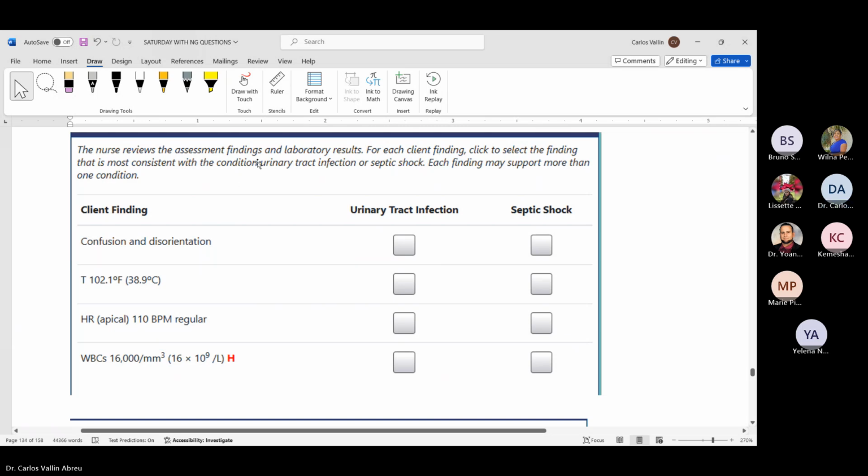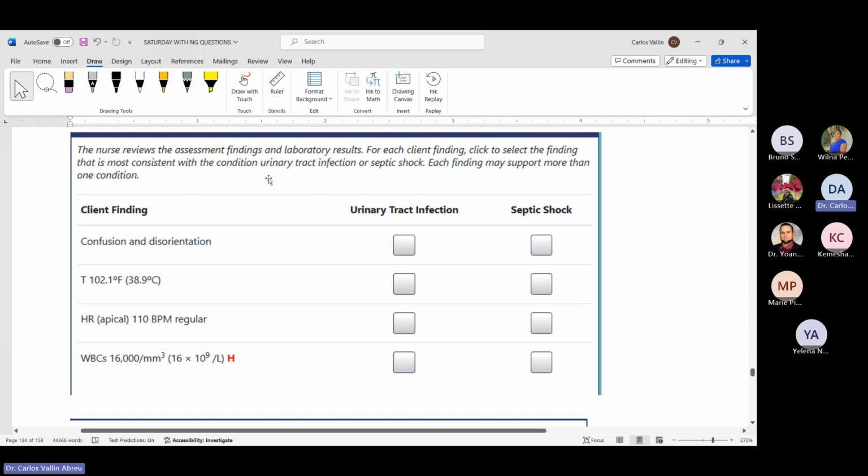So they want us to discriminate if the client only has a urinary tract infection localized in the urinary tract, or if this infection has generalized, producing what is called a septic shock, which is a more severe condition because it translates a dissemination of the infection beyond the urinary tract with an inflammatory response that can produce shock. So this is what the question is asking us.